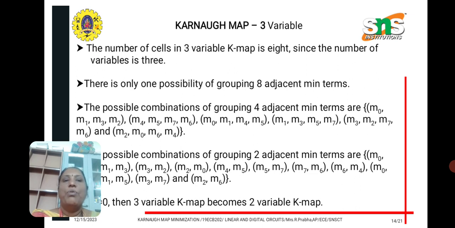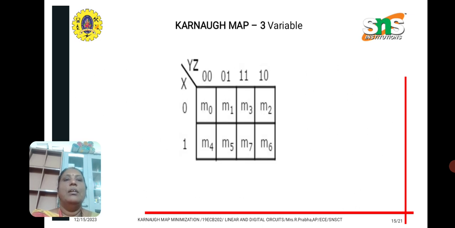So here there is one possibility of grouping 8 adjacent minterms, and other possible combinations are available like m0, m1, m3, m2, m4, m5, m7 and m6 etc.